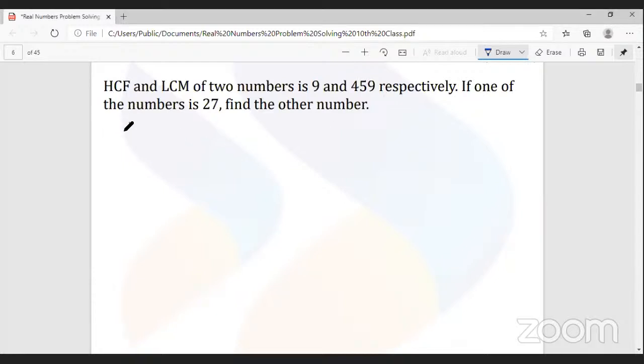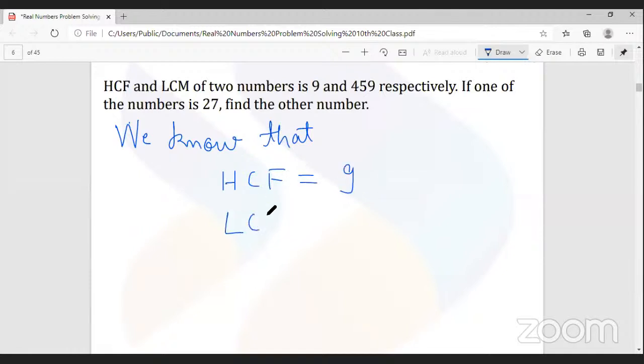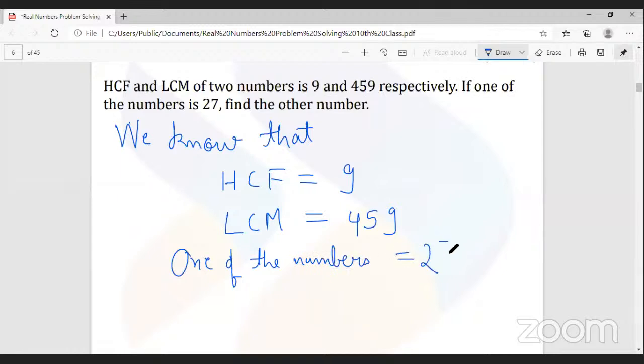So what do we know here in this question? We know that HCF is given as 9, LCM is 459, and one of the numbers is 27.